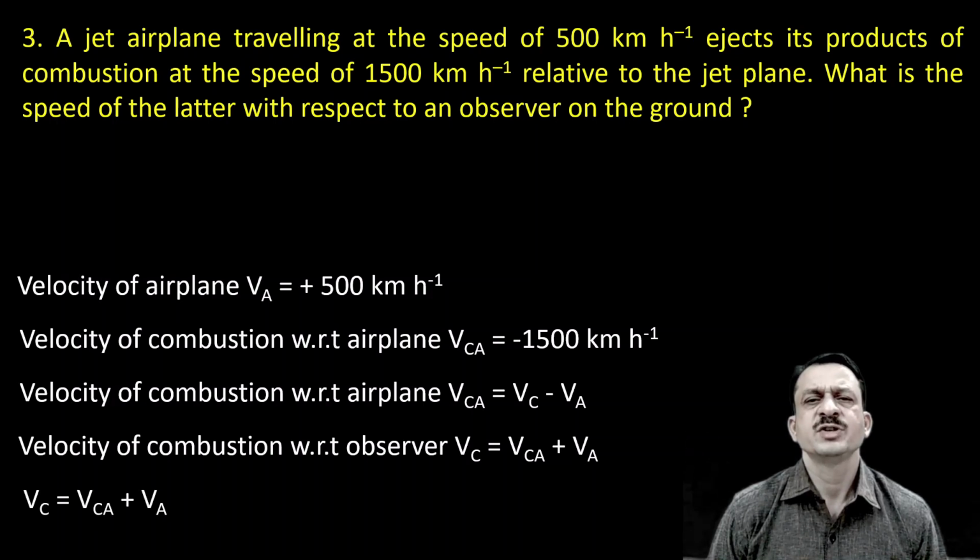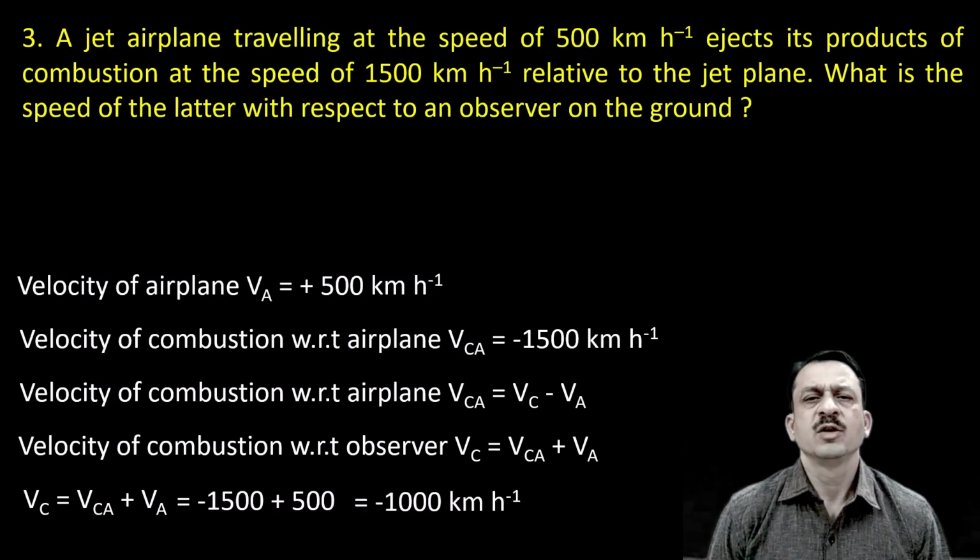Substituting the values, VCA is minus 1500 plus VA is 500, therefore it is minus 1000 kilometer per hour. This is the velocity of the products of combustion with respect to an observer on the ground. Move on to the next problem.